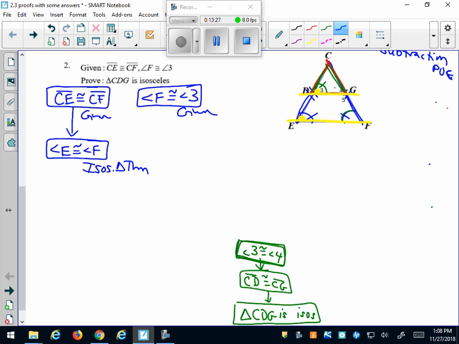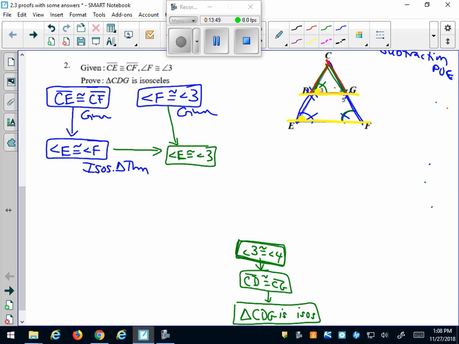All right, so let's put that into our proof. First of all, how do we know that E and 3 are congruent? We have to state that. What property would we use here? Which one?